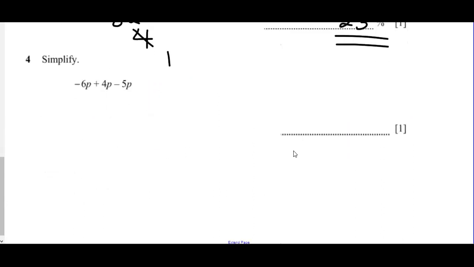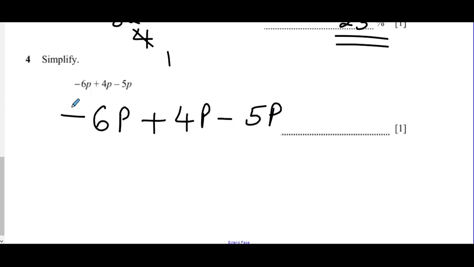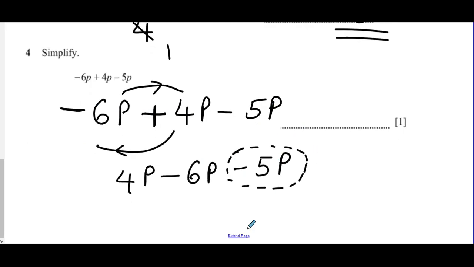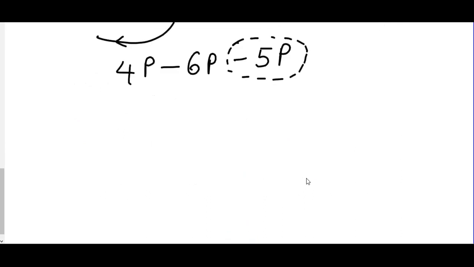Then you go to question number 4. Simplify negative 6p plus 4p minus 5p. The way we teach this is that if you have a negative number starting, followed by a positive number, we usually swap these numbers. So 4p starts there, followed by negative 6p. And this minus 5p, you leave it for now. Just ignore this first and work out what is 4p minus 6p.